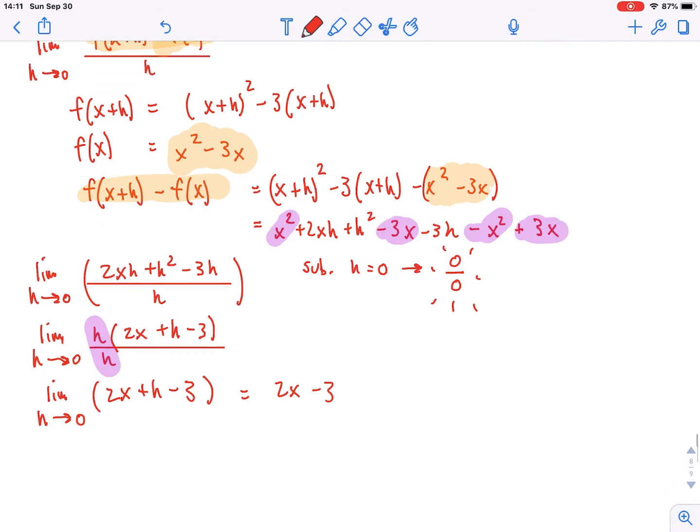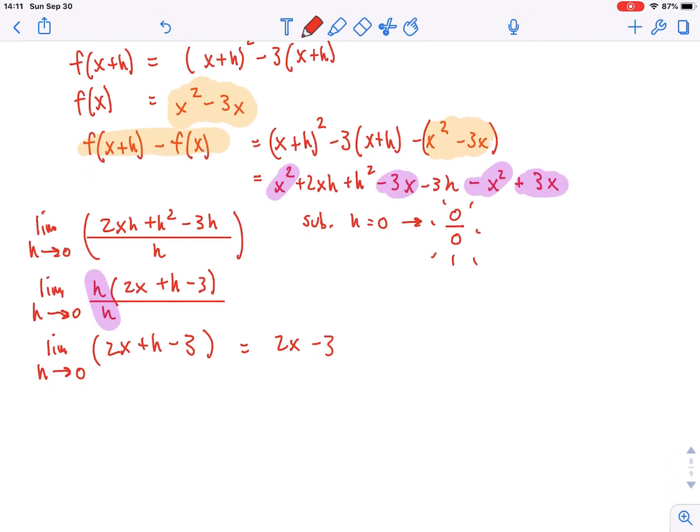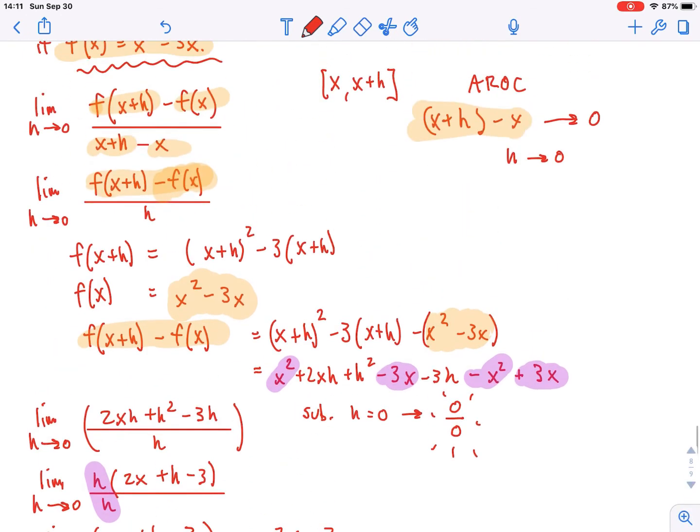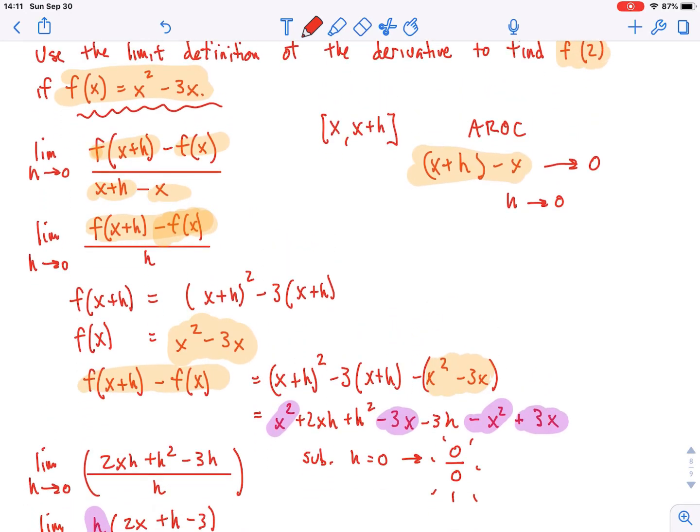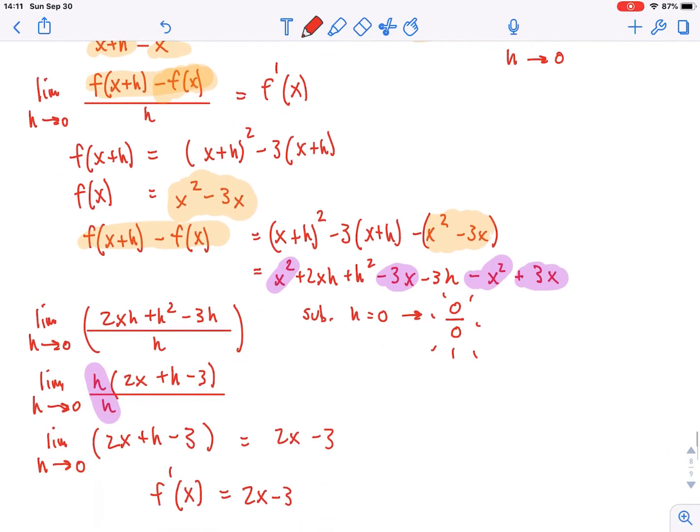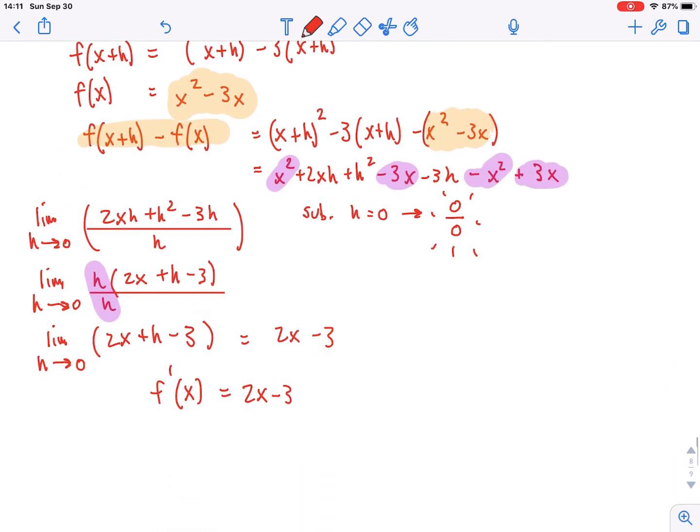Now, this right here is actually the derivative function f prime of x, and that's equal to 2x minus 3. So this is the limit definition of the derivative that I came up with up here. This expression actually gets you f prime of x, the derivative function, so that we can find what the instantaneous rate of change is for any value of x.